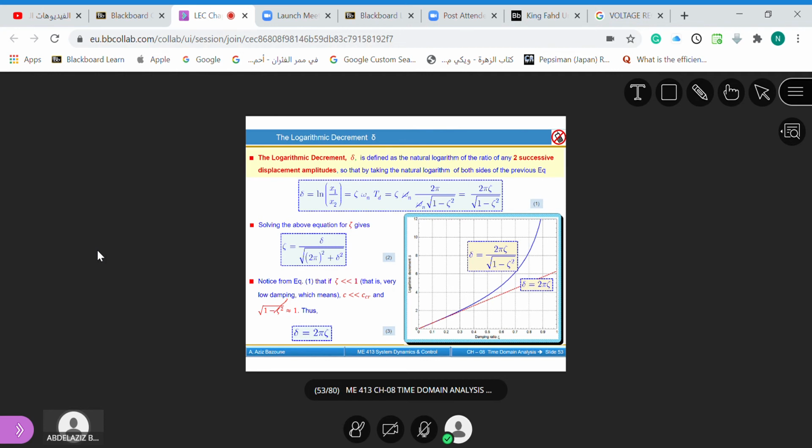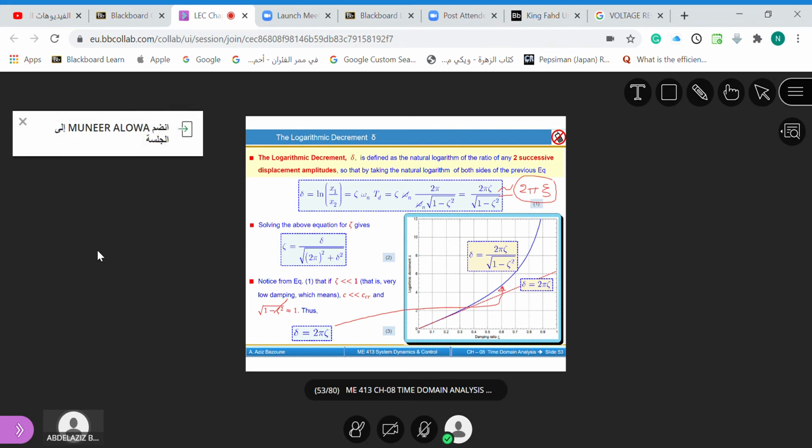And this expression will be simply 2 pi zeta. So the equation for very small damping, delta equals 2 pi zeta, is the red one here, and delta from here is given by this expression.